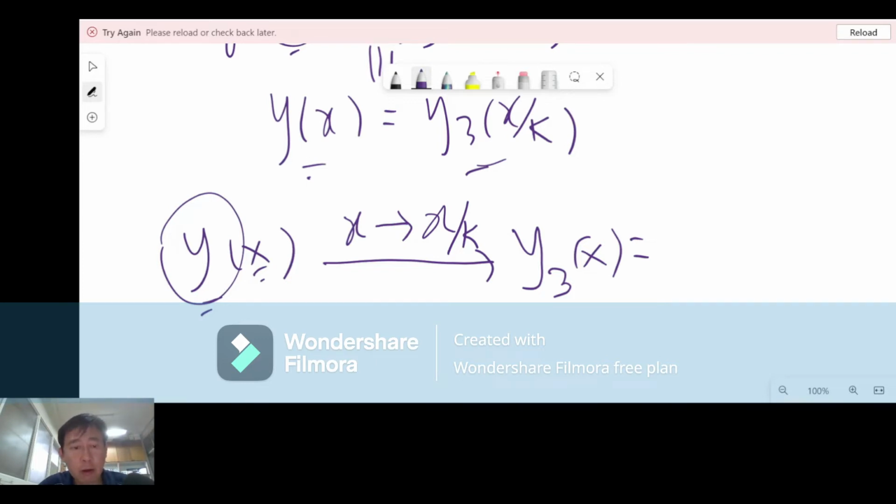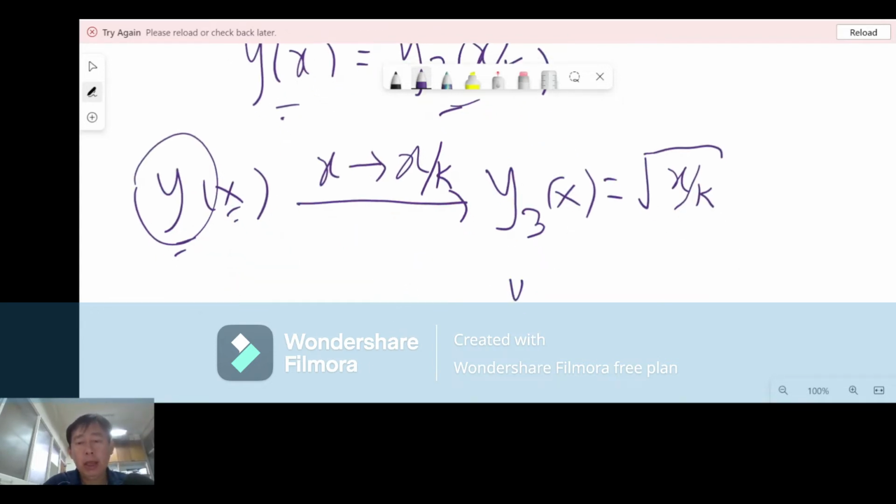So the expression of y of x is square root of x, and you're going to replace x by x over k. So this will be just x over k. So I come to the conclusion that the function y3 is square root of x divided by the factor of k.